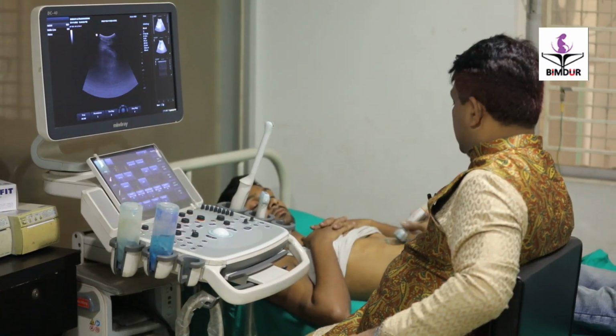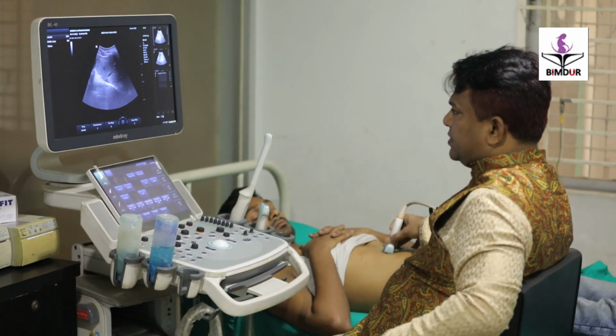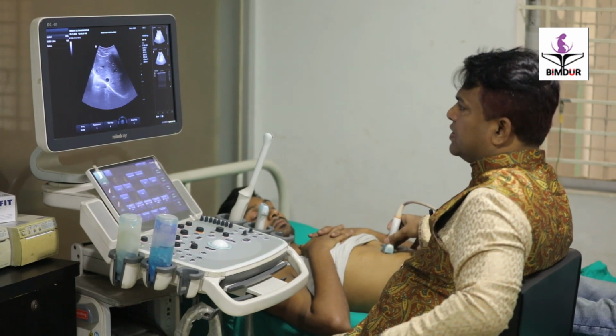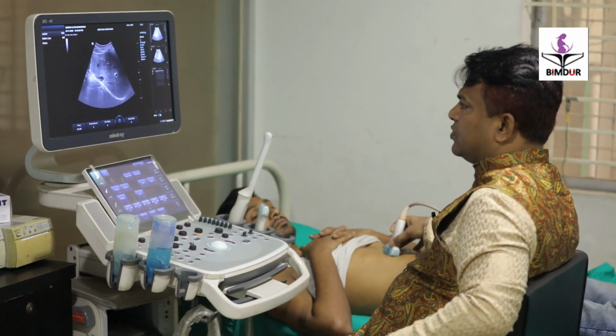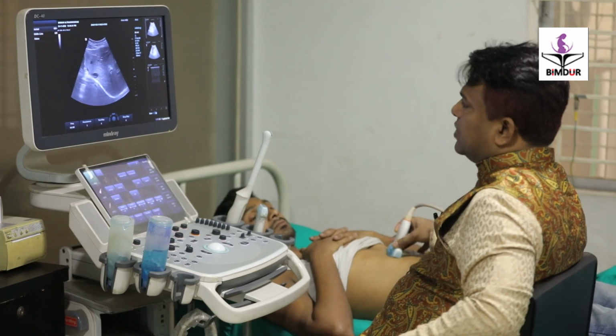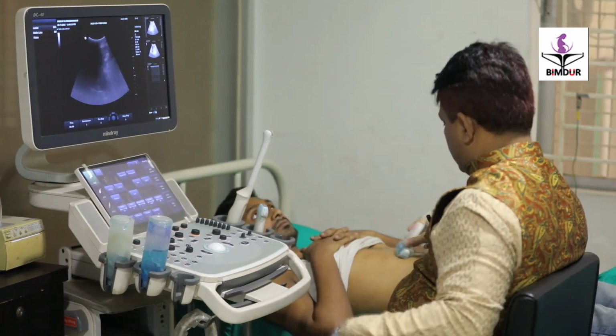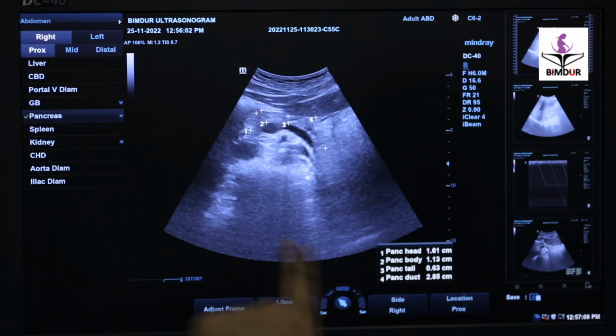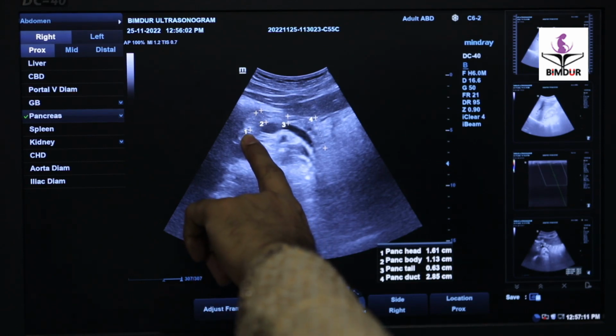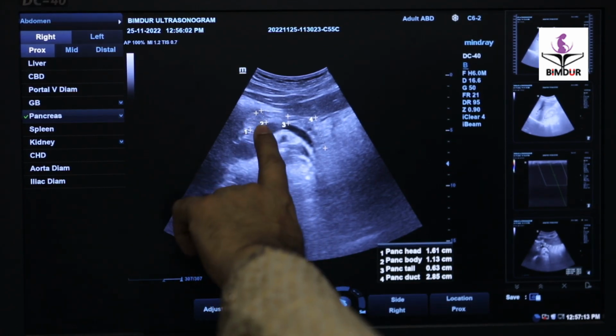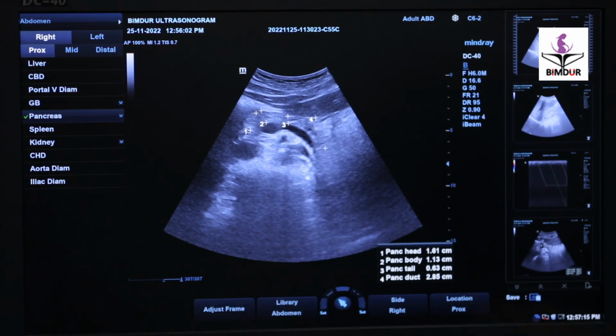To see the pancreas, your probe position is transverse and backwards. At that time you see the pancreas image properly. Okay, and this is how we select and see the pancreas head, neck, body and tail.